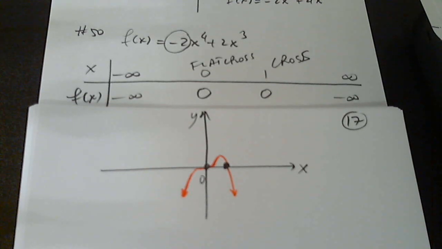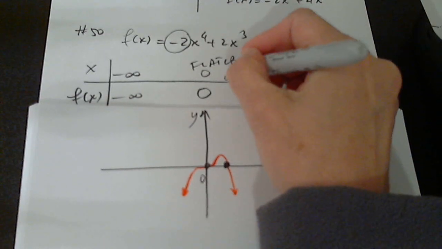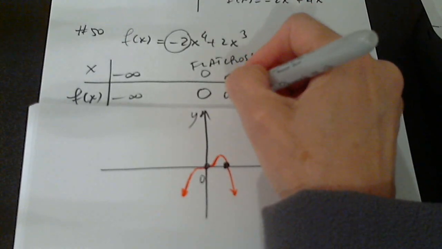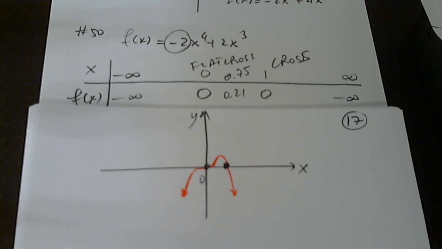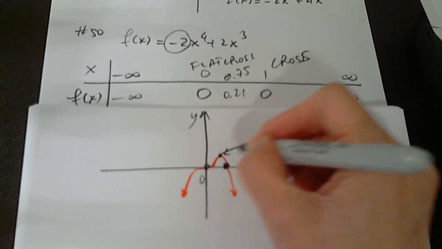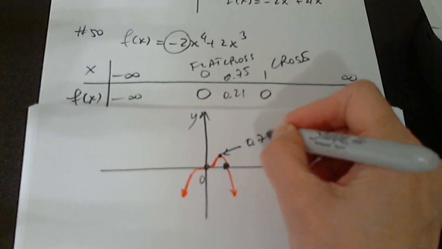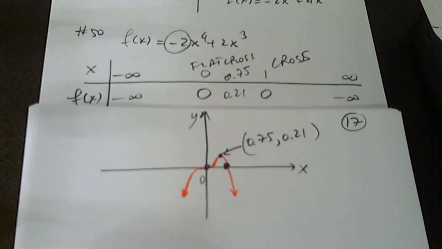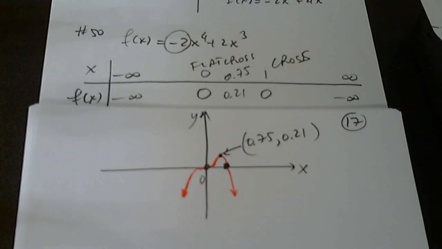The maximum is at 0.75 and 0.21. The tiny maximum. So here it is: 0.75, comma 0.21. This can only be determined with the graphing calculator in this class.